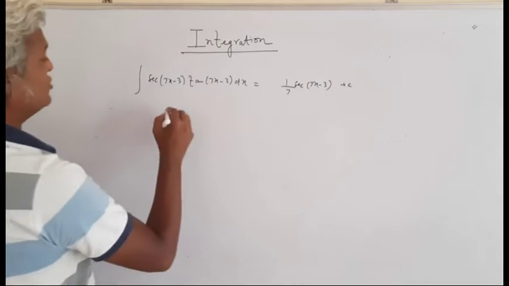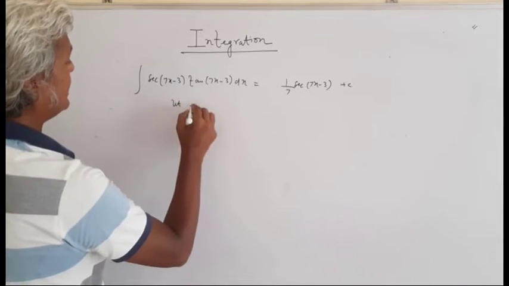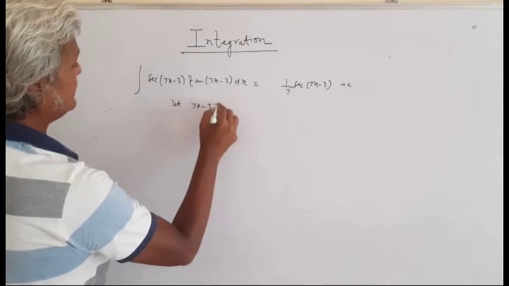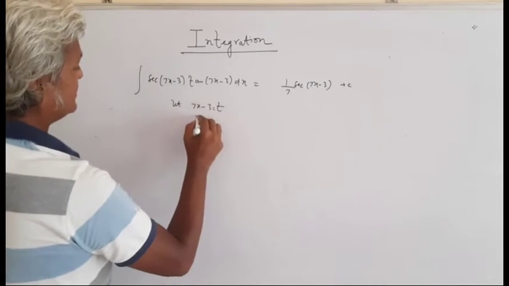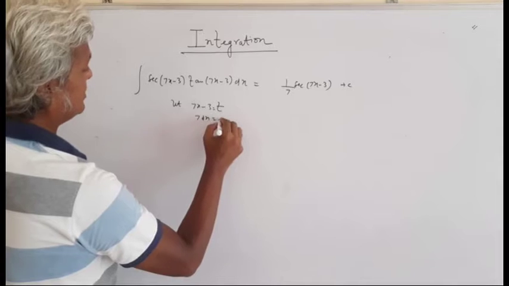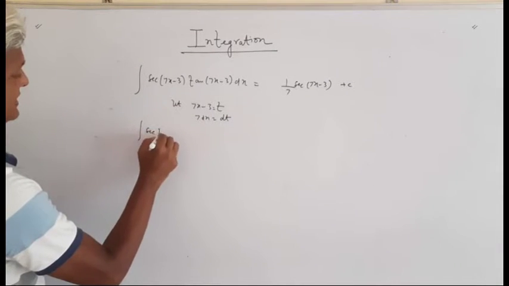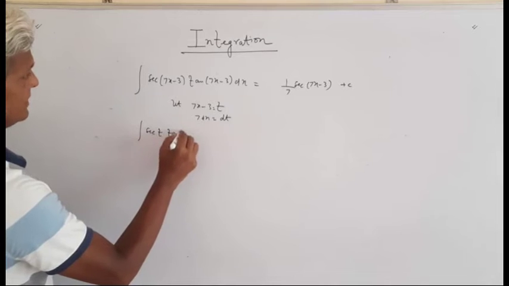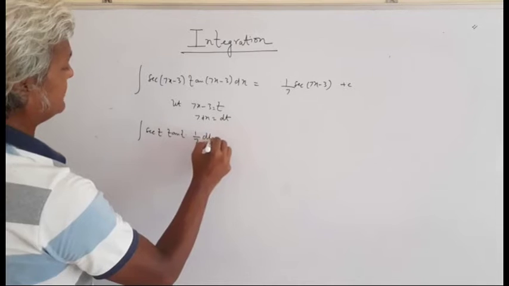Now the whole idea goes like this: we are taking 7x minus 3 as t. This is the method of substitution. If you find the differentiation, 7 dx equals dt. This becomes sec t tan t, and dx is 1 over 7 dt.